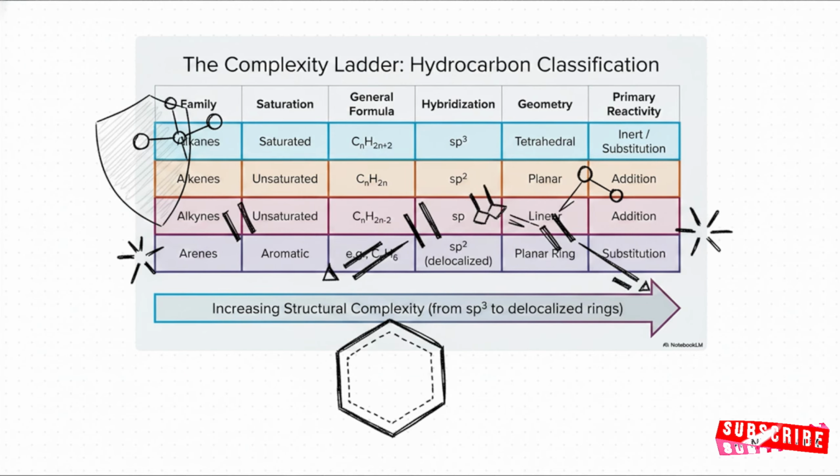They are super stable and pretty inert. But as we move down the ladder to alkenes and alkynes, we introduce double and triple bonds. These are unsaturated, and that completely changes how they react. Suddenly, they're super eager to connect with new atoms. And finally, at the bottom, we hit the arenes, like benzene, which use these really complex ring structures. Let's see how all of this builds from the ground up.